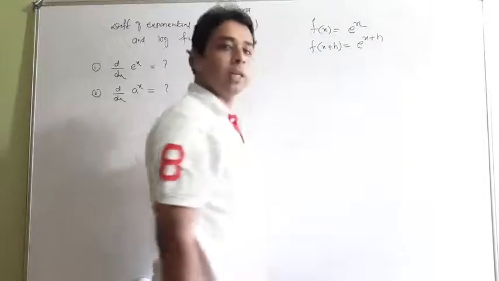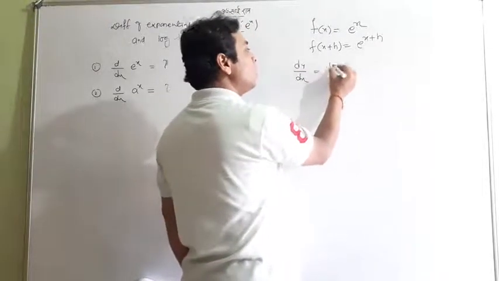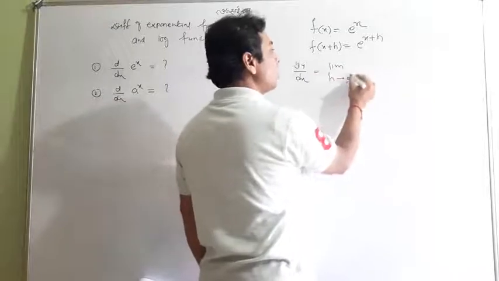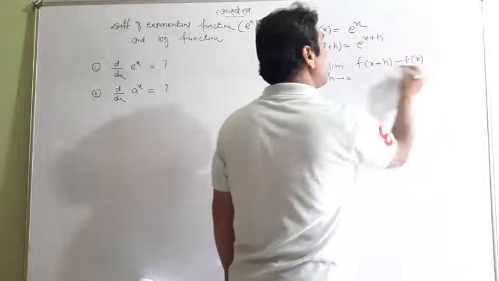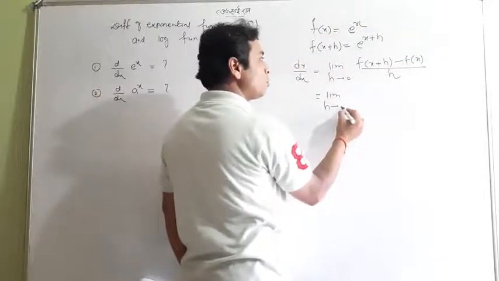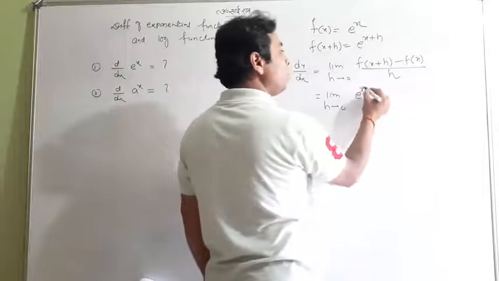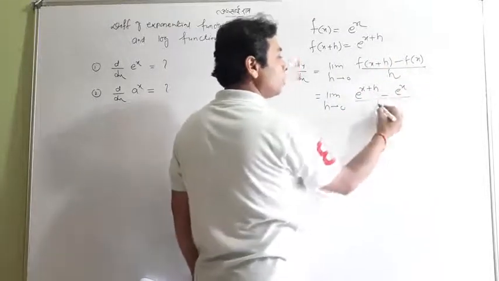Why did I find this? Because you know the first principle we studied in class 11th: limit h tends to 0 of f of x plus h minus f of x upon h. Put in the values: limit h tends to 0, f of x plus h is e to the power x plus h, f of x is e to the power x, upon h.